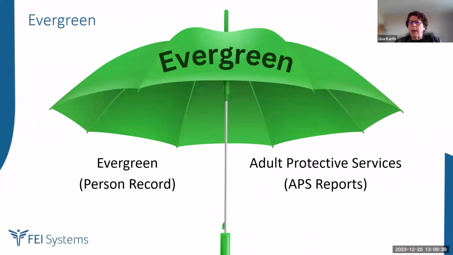Now, when we talk about Evergreen, it's helpful to know that there are two sides to Evergreen. Think of it as an umbrella. And under one section is the person record. And this is where we're spending our time today. The other side is Adult Protective Services, or APS reports.